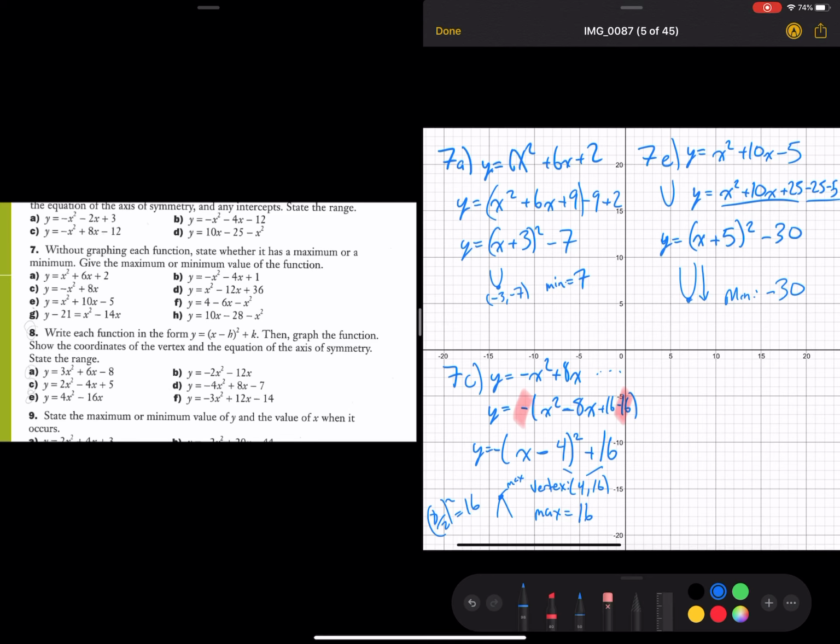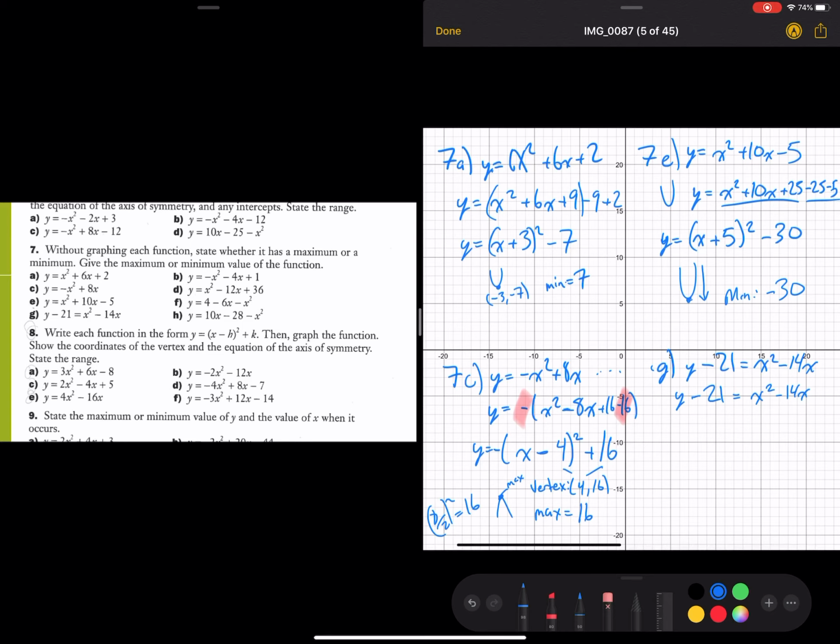And we said we were going to do G, so let's just do G. It's just rearranging the function. Y minus 21 equals x squared minus 14x. So, let's complete the square and keep this minus 21 there until later. X squared minus 14x.